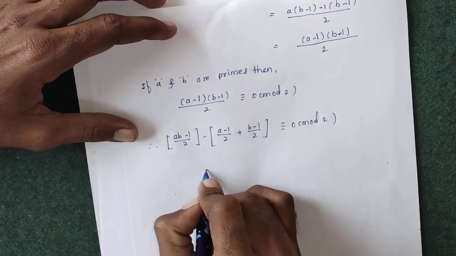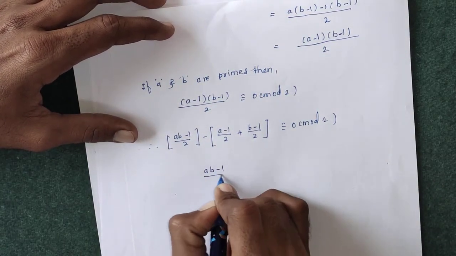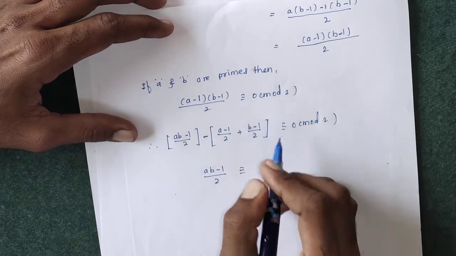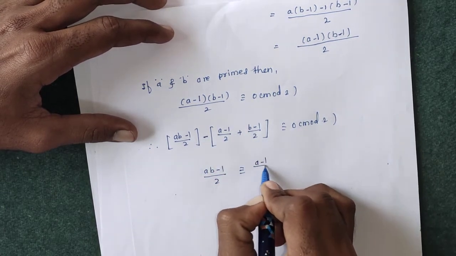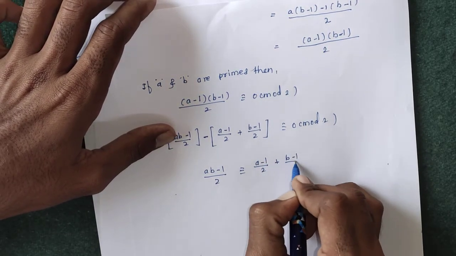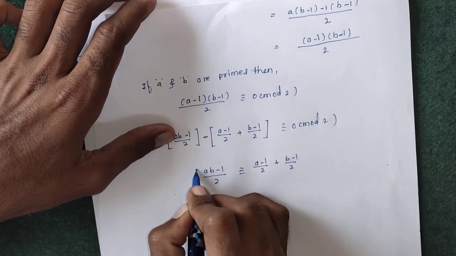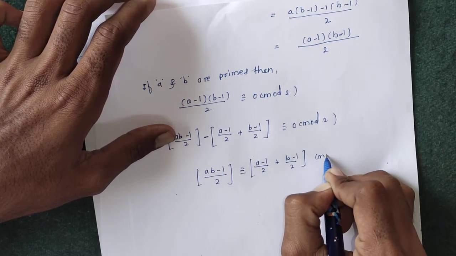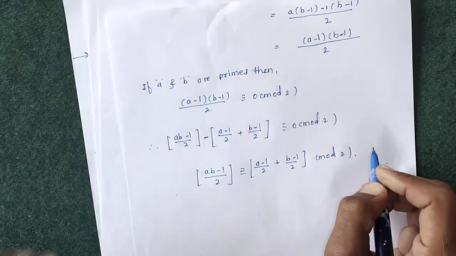Or we can write this: (AB−1)/2 is congruent to, if we add this number on both sides, (A−1)/2 + (B−1)/2. This number is congruent to this number under modulo 2.